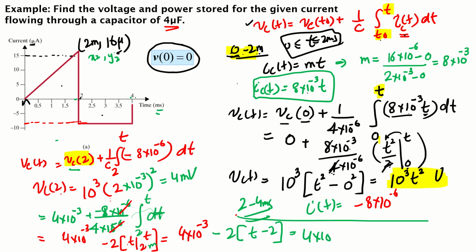So 4 times 10 power -3, minus 2t, and minus minus plus gives another 4 milli. So 4 and 4 become 8 milli, minus 2t. That is the voltage for this case.